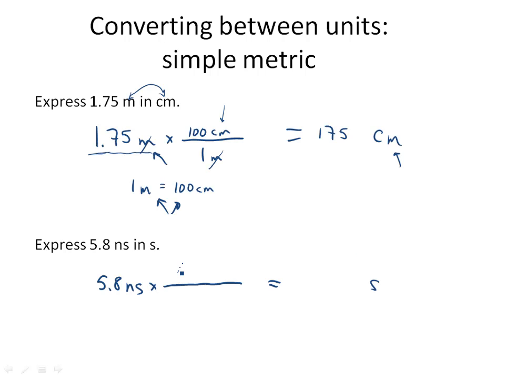So we'll put 1 second here, and 10 to the 9th nanoseconds there. So when you do that, it's going to be 5.8 times 10 to the minus 9th seconds, because you take 5.8 and divide it by 10 to the 9th. To do it the other way, an equal conversion factor would have been 10 to the minus 9th seconds over 1 nanosecond. You would have come to the same answer for that.